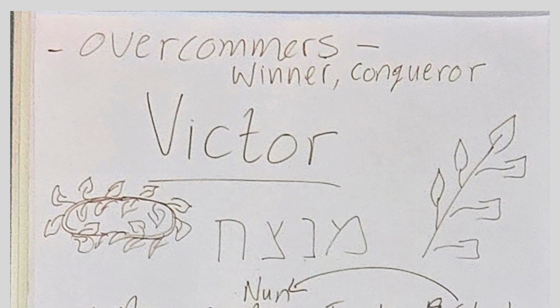So Victor is Latin. I believe that in scripture it talks about those who are victorious. It's called the overcomers. So the overcomers is talking about those who overcome this world.